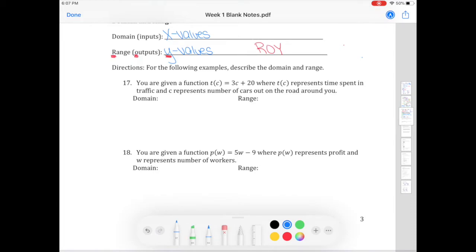All right, so number 17. It says you are given a function t of c equals 3c plus 20, where t of c represents time spent in traffic and c represents number of cars out on the road around you. So c is ultimately your x because it's inside of the parentheses. Remember, domain is inside.